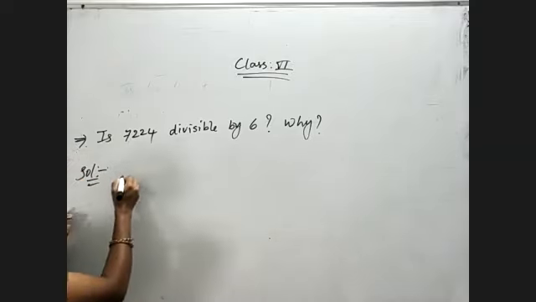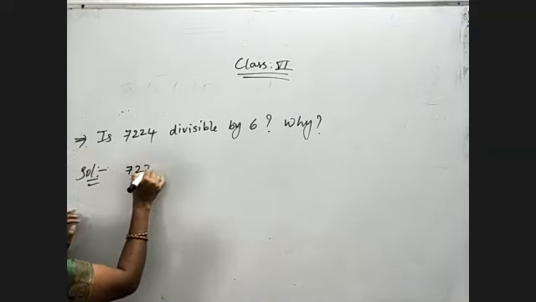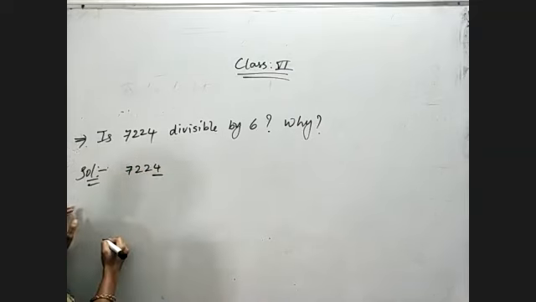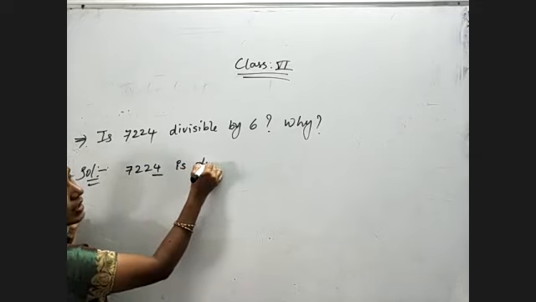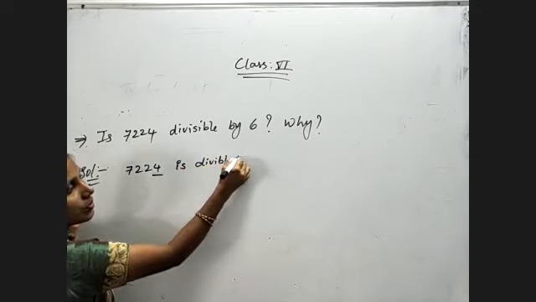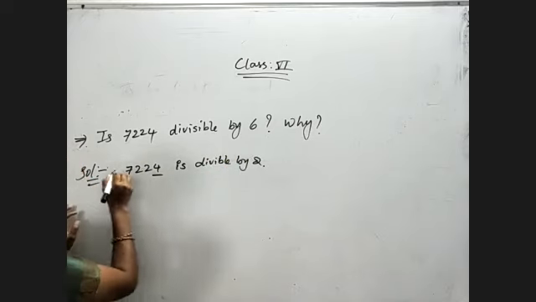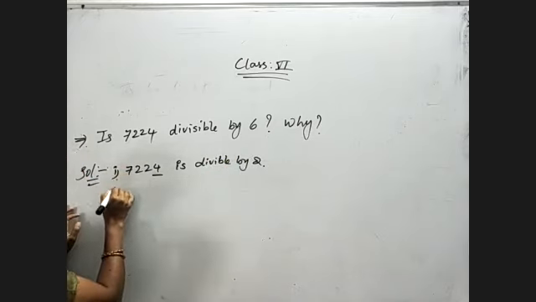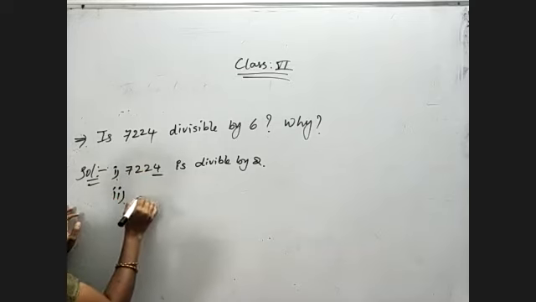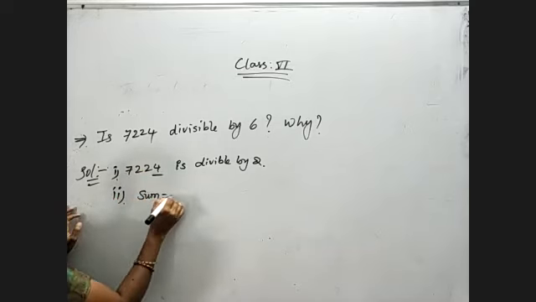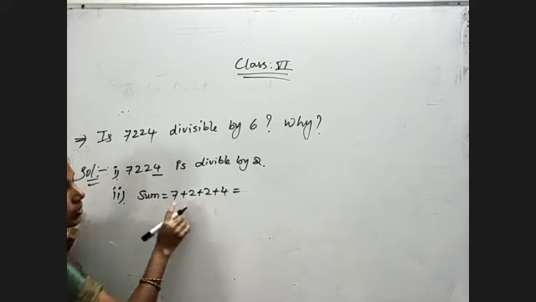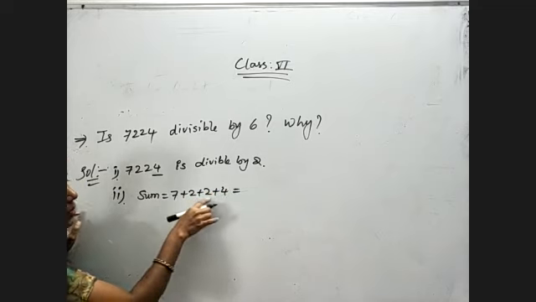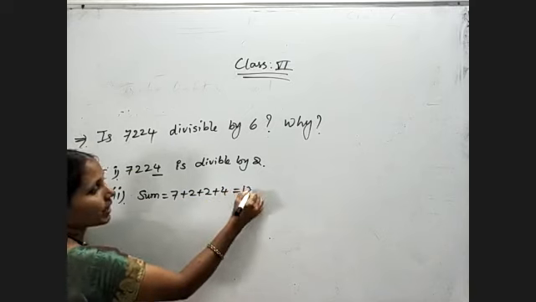So first of all, check 7,224. Because 4 is there in its unit place, it is divisible by 2. And the second condition, sum of the digits. 7 plus 2 plus 2 plus 4 is equal to 7 plus 2, 9, 9 plus 2, 11, 11 plus 4, 15.